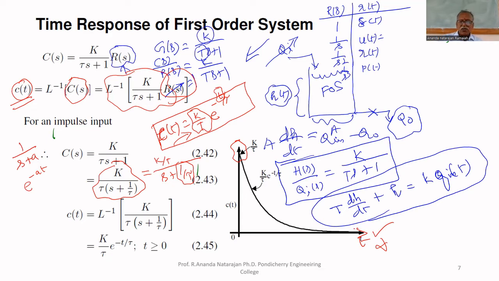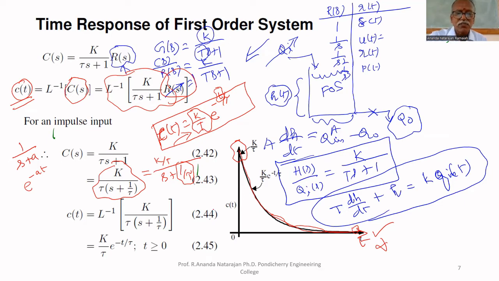Therefore, the final value is 0. It starts from K by tau and finally ends at 0, decreasing exponentially. This is the time response of a first order system for an impulse input.